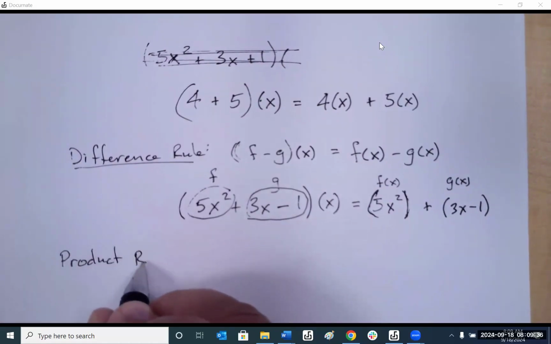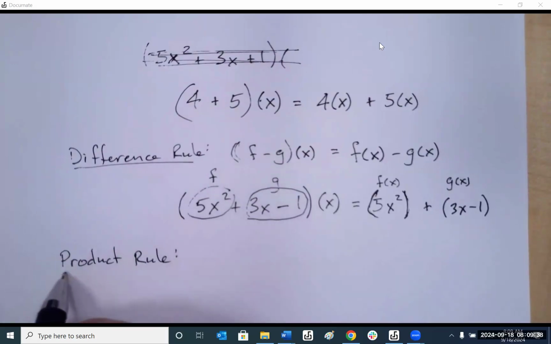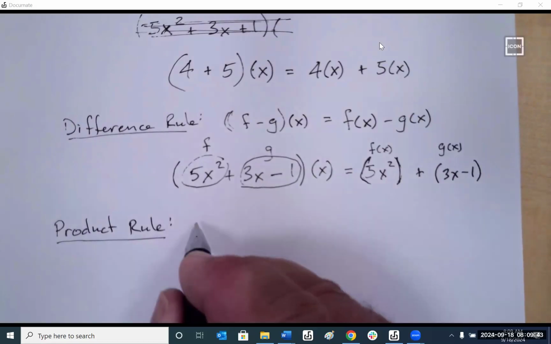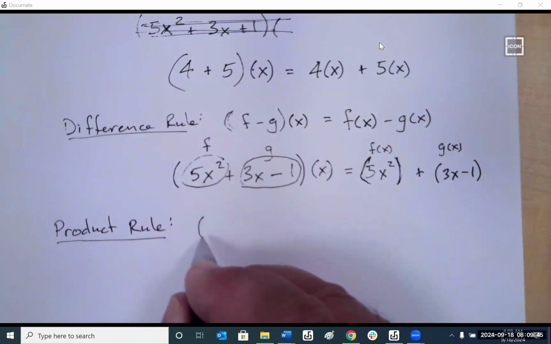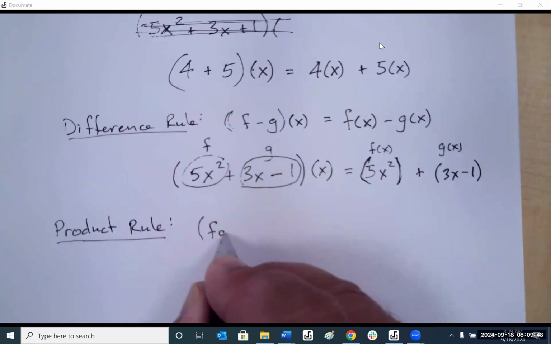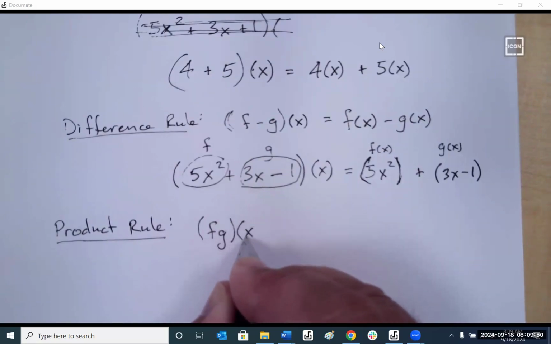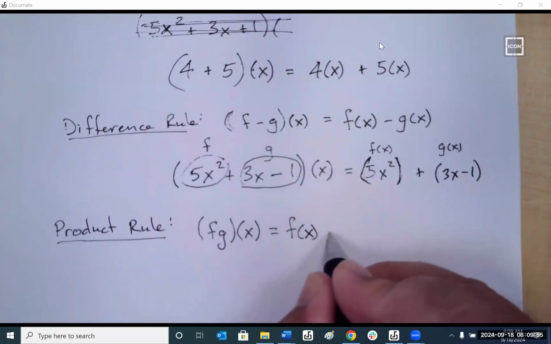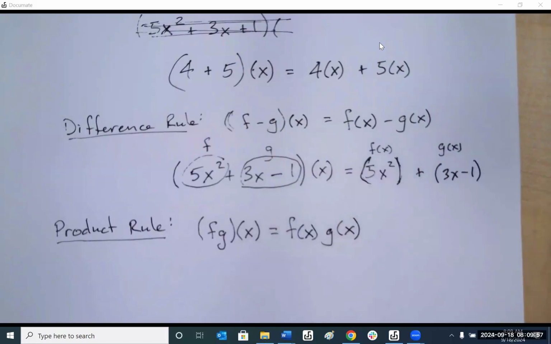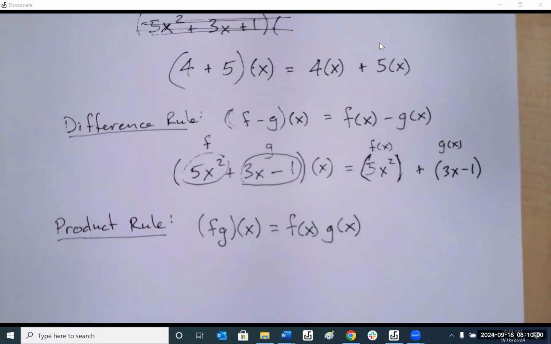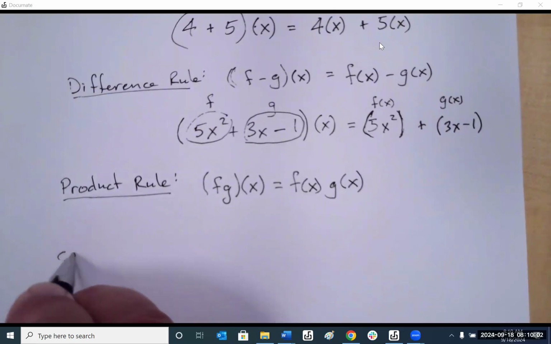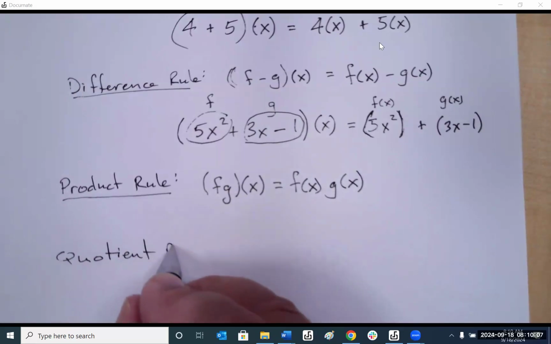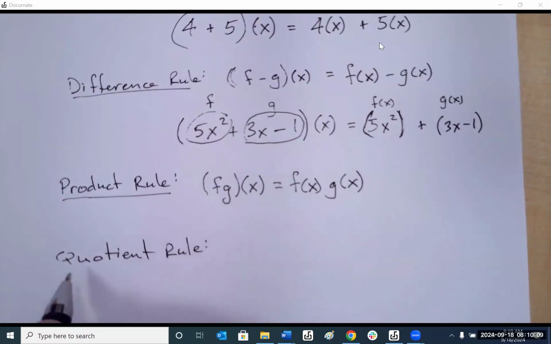Then we have the product rule. What does product mean? The result of multiplication. The result, yeah. The solution, the result, yeah, right. So f times g can be f of x times g of x. And the last one is the quotient rule.